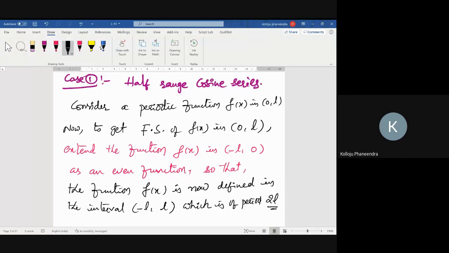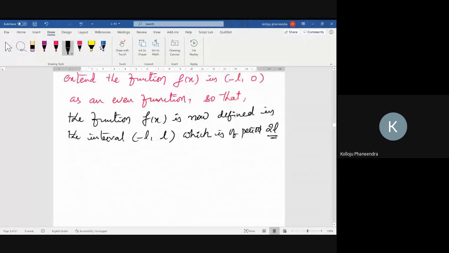That means what? See the concept. Consider a periodic function f of x in the interval 0 to L. I require Fourier series, but Fourier series is available in 0 to 2L or minus L to L, which is of period 2L. So to get that, now let me draw the figure.